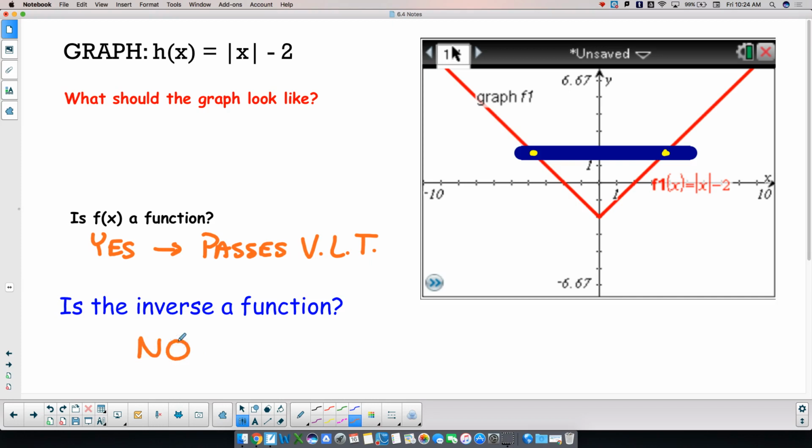Does that make it one-to-one? Does not make it one-to-one. So therefore we don't have to find the inverse. And that would be hard in this one anyways, because we'd have to get the y out of the absolute value, and it would end up being two different functions. Okay? All right?